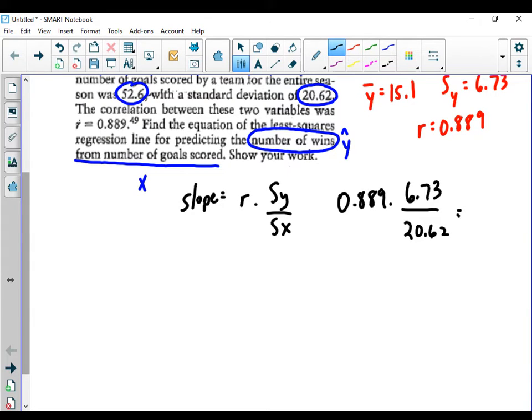So I'm going to punch that in and see what my value is. And I get 0.29 for my slope.